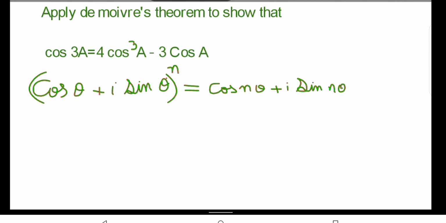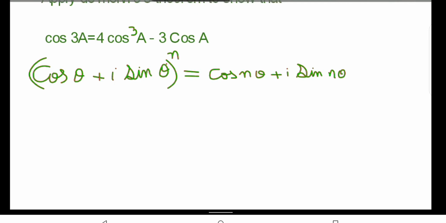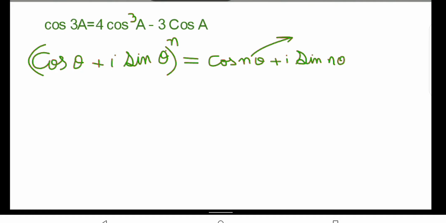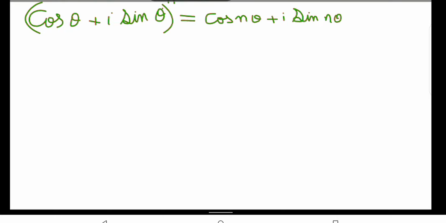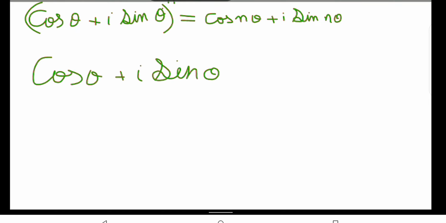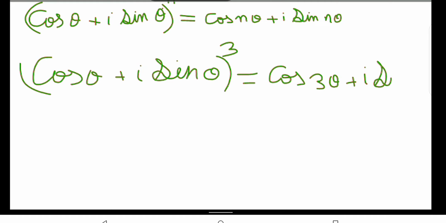We want cos 3 theta, so let's take n equal to 3. So when you take n equal to 3, we have (cos theta plus i sin theta) whole thing to the power 3 equal to cos 3 theta plus i sin 3 theta.